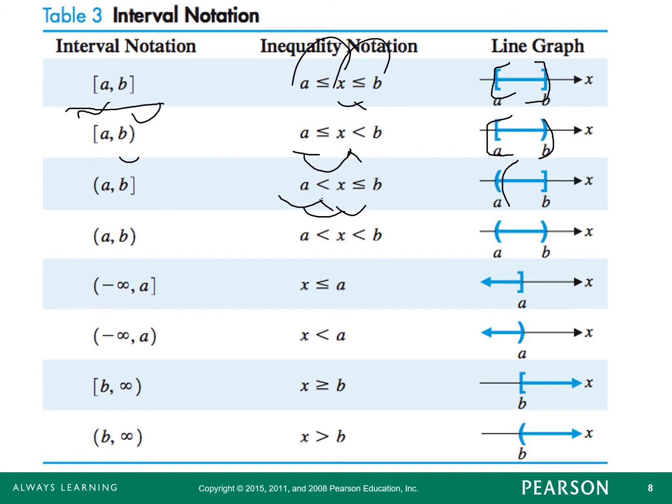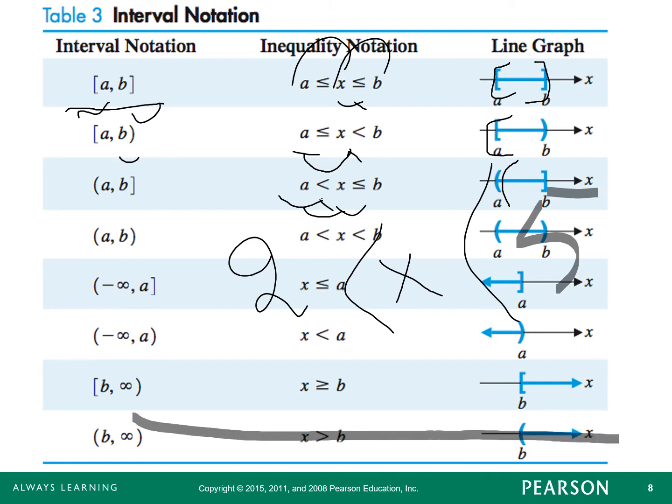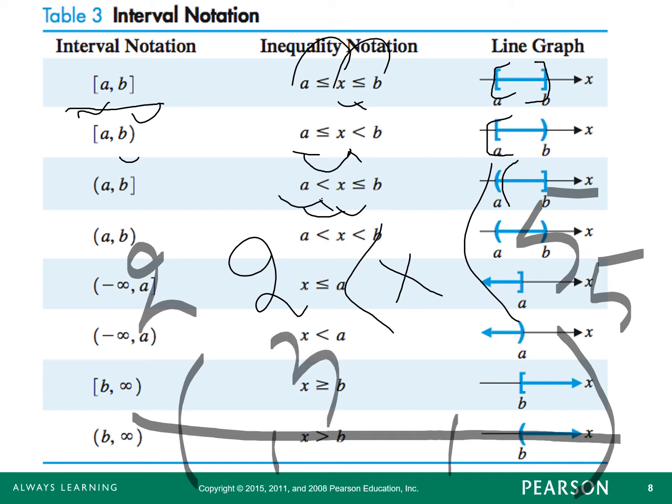Let's give an example with numbers. You will understand better. Let's say that x is bigger than 2 and smaller than, let's say, 5. So here, if we do not have the equality, and we want to draw the line graph, we will do it like this. 2 and 5, and we have here 3 and 4.